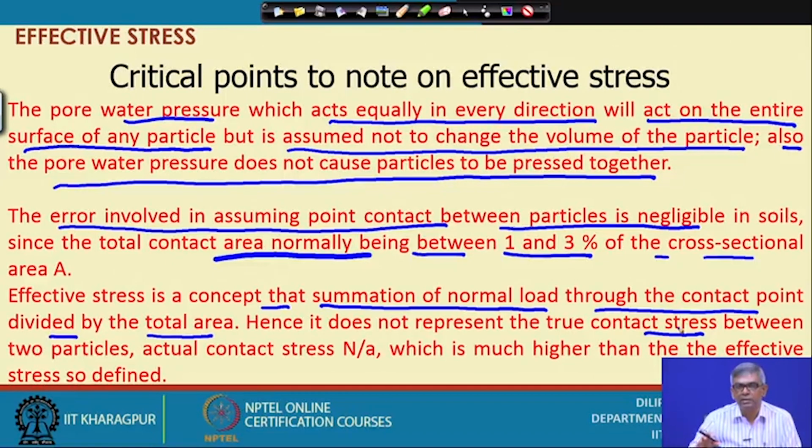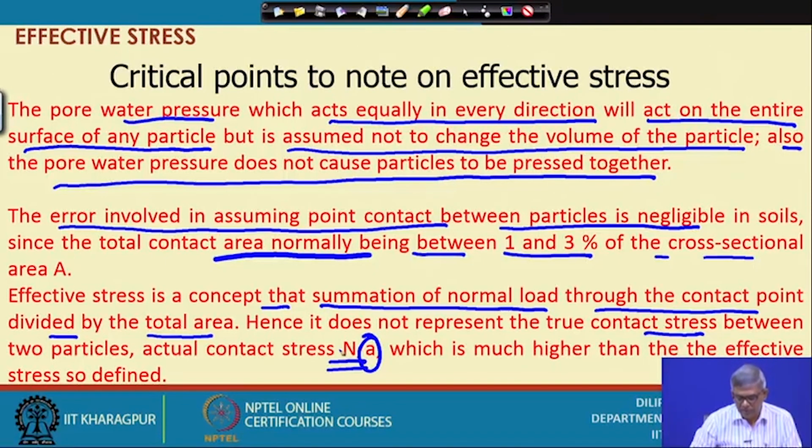Because of that, the intensity or magnitude of the effective stress is much smaller than the actual contact stress. And what will the actual contact stress be? It will be N by a, which will be much higher than the effective stress we have defined. What is N? N is the total load, and small a is the actual contact area, which is only 3 to 4%.